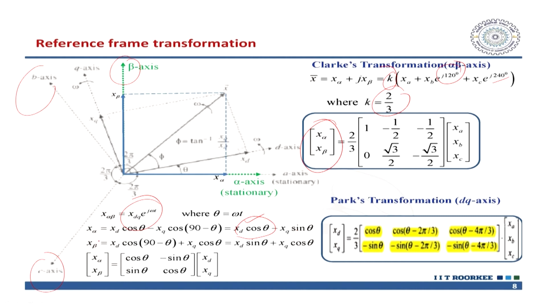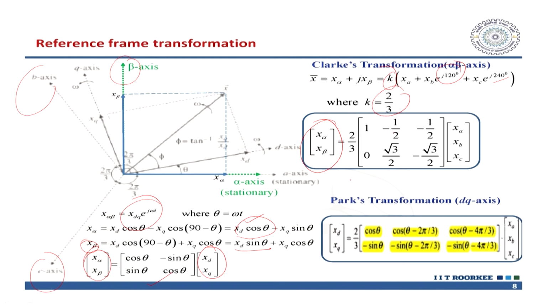Similarly, you can write x beta equals x d cos(theta minus 90) plus x q cos theta. So, it will be x d sin theta plus x q cos theta. Thus, the transformation from alpha beta to dq will be this, that is cos theta, minus sin theta, cos theta. So, this is a transformation matrix.